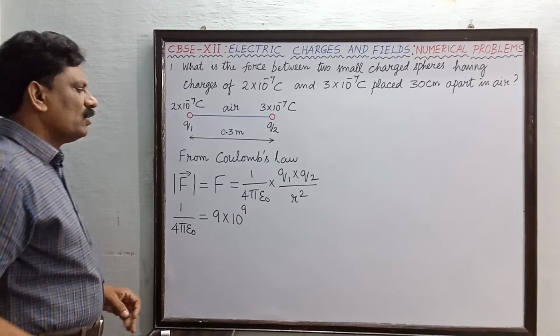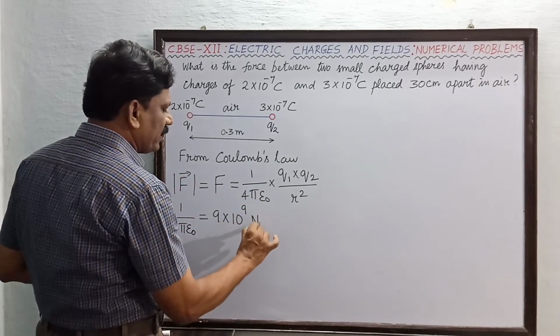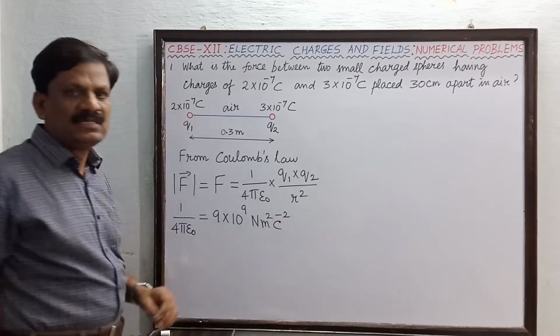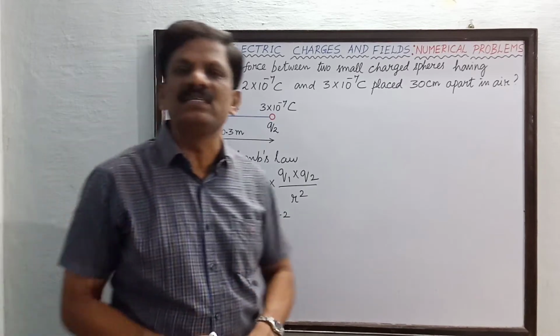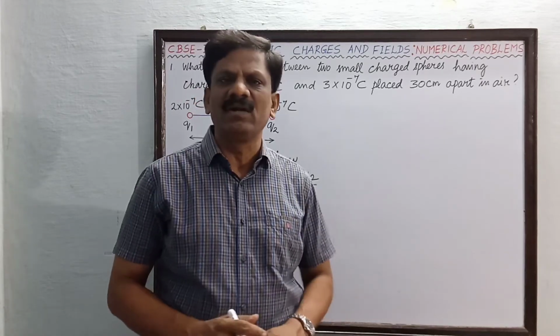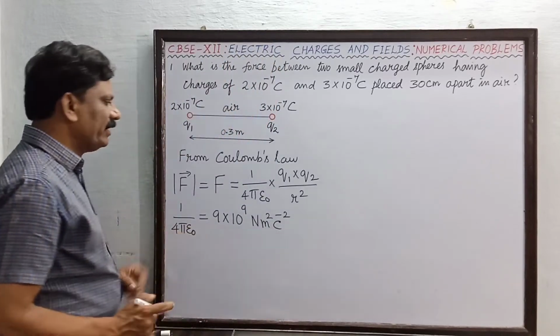So 9 into 10 power 9 and the unit is Newton meter square per Coulomb square. This is the standard value of the constant. Sometimes we represent that 1 by 4 pi epsilon naught as the symbol K. So this is the value.